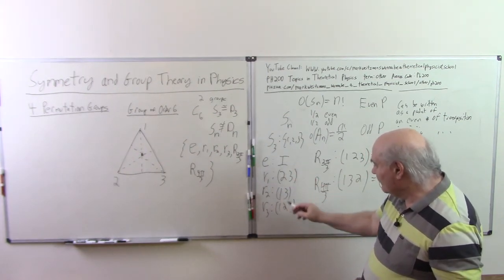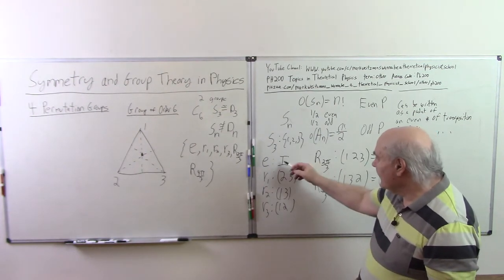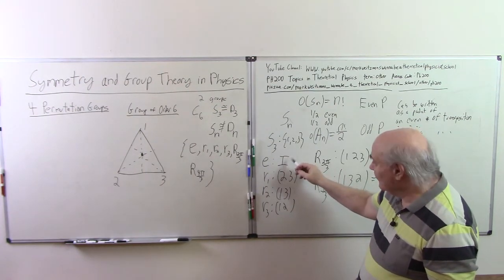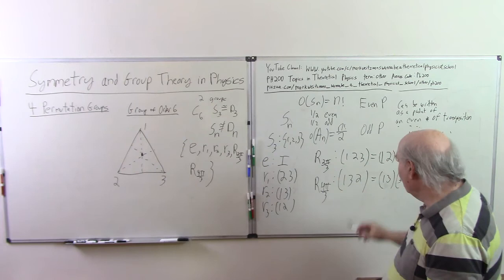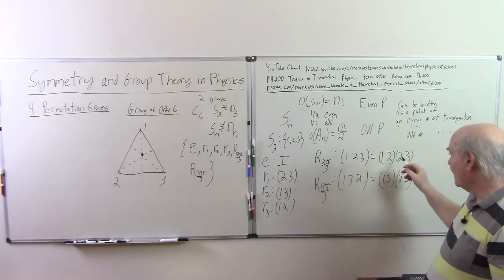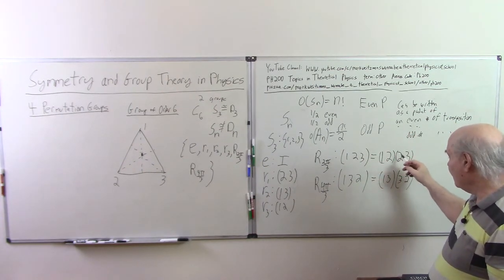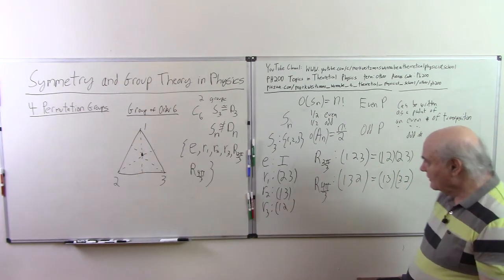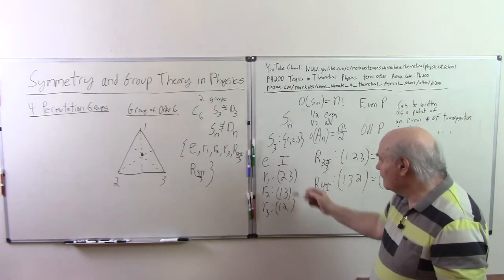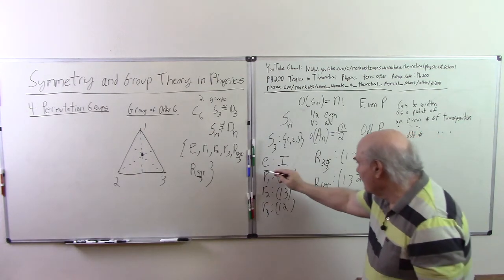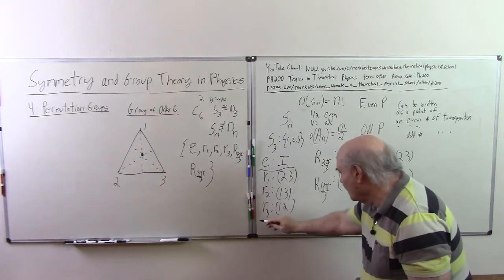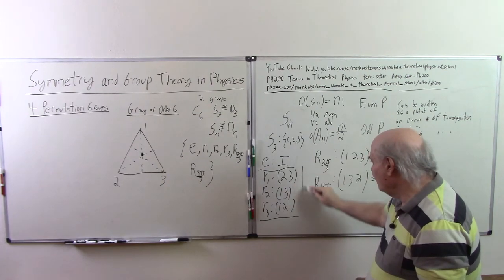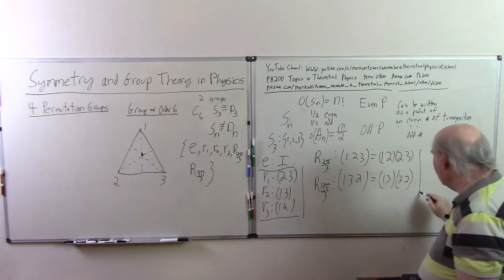They're each a single transposition. The identity, again, is in a class by itself. It's got no transpositions. And these 2 are both products of 2 transpositions, so they're also in their own class. So it will turn out that S3 has 3 classes. This is one class, these 3 make another class, and then these 2 make a class.